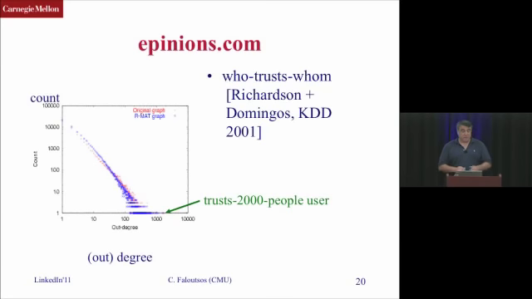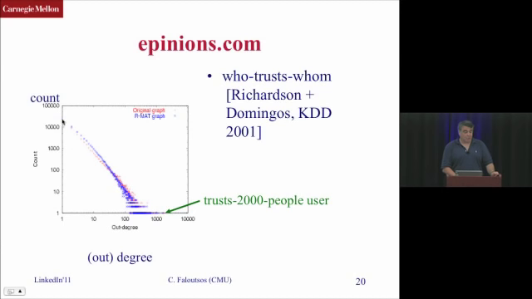We see similar patterns in a data set that was studied by Matt Richardson and Pedro Domingos in KDD 2001. This is the opinions.com data set where people write comments about products and then people write comments about the comments of people. So this dot corresponds to a person who trusts 2,000 other people, 2,000 opinion users, and there is only one person like that.